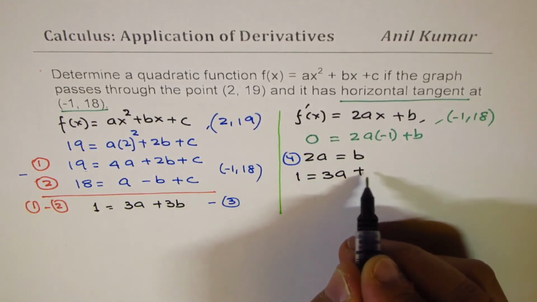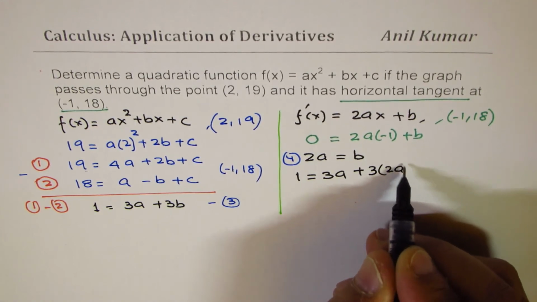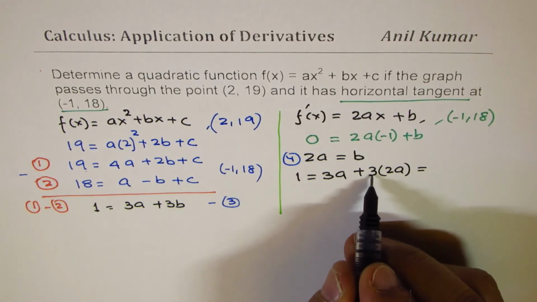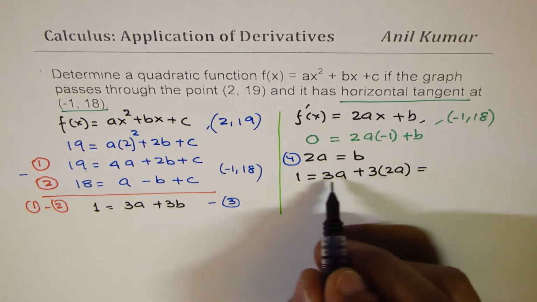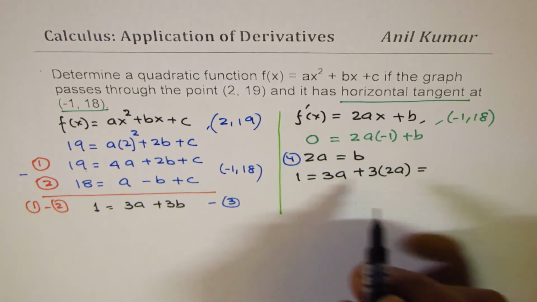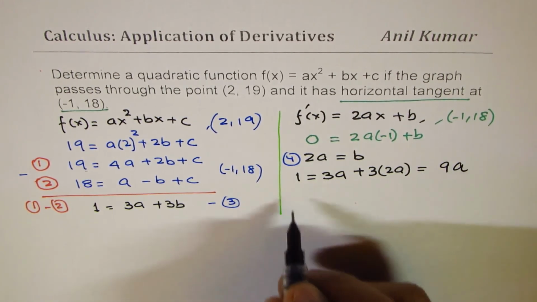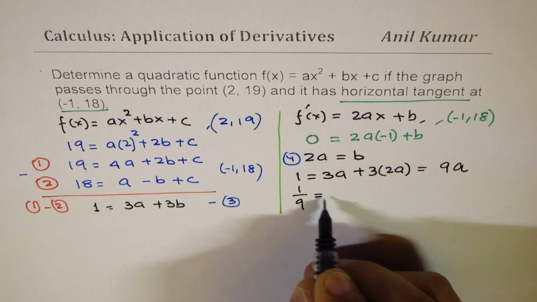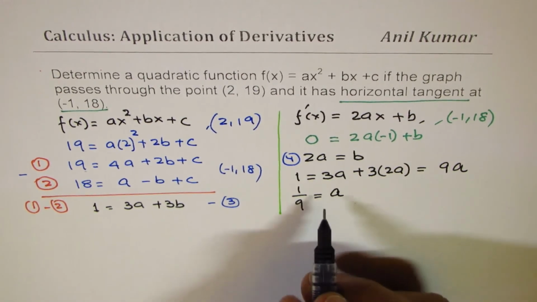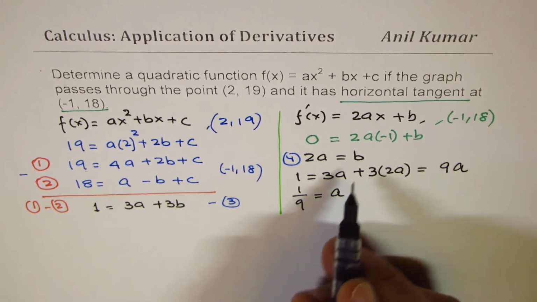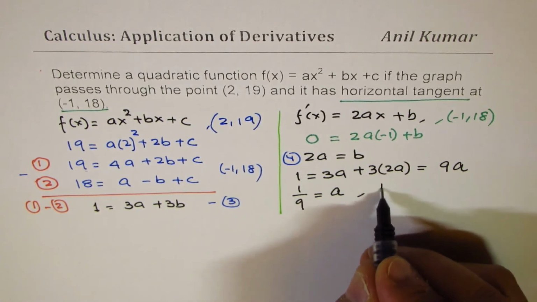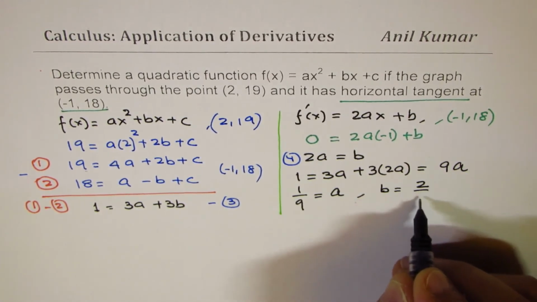So I get plus 3 times 2a, which is 6a, and 3a, which is 9a. So we get 1 over 9 as the value of a. a is 1 over 9, so b is 2 times that, which means b is 2 over 9.